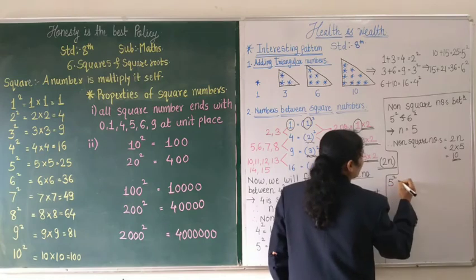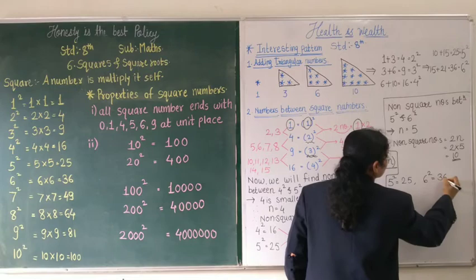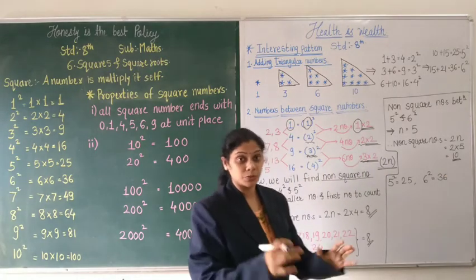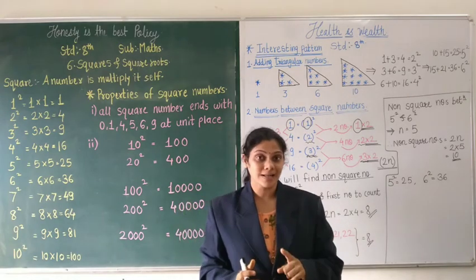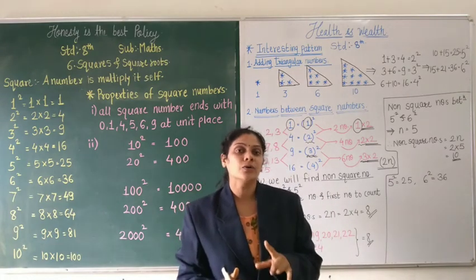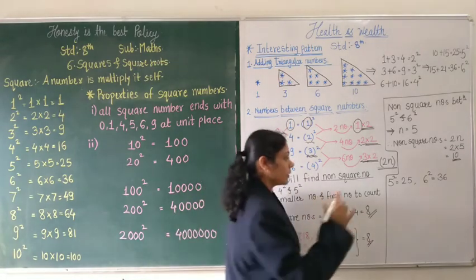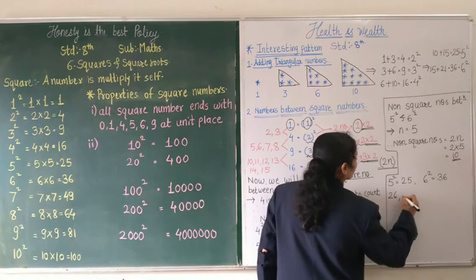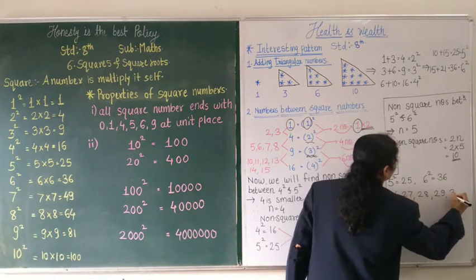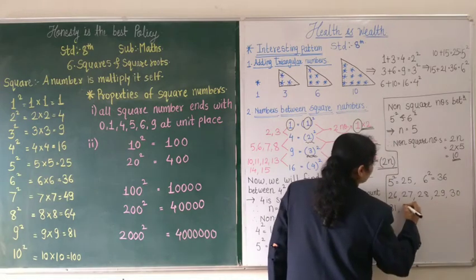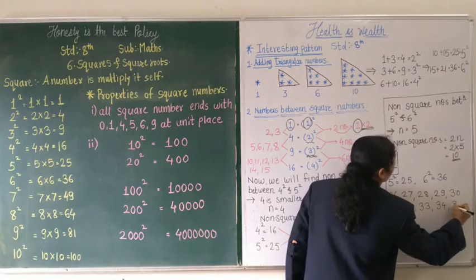So what is the square of 5? 25, and the square of 6 is 36. Now I am going to write the numbers between 25 and 36. Just remember that when you write the between numbers, you have to write only the between numbers, not the end numbers. Okay? So we will start from 26, 27, 28, 29, 30, 31, 32, 33, 34, 35.